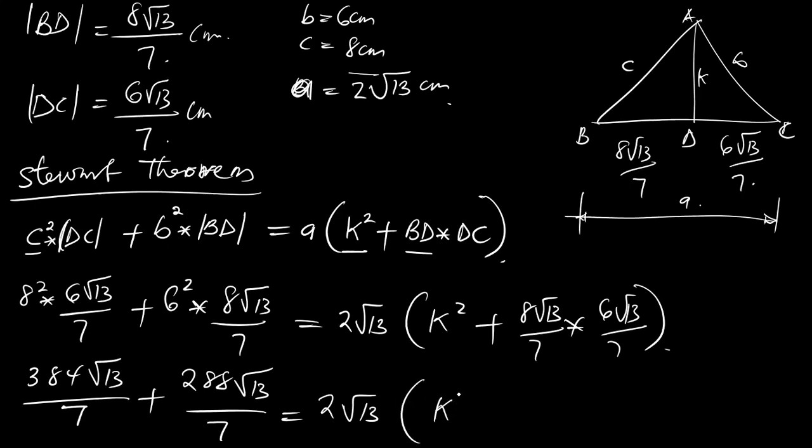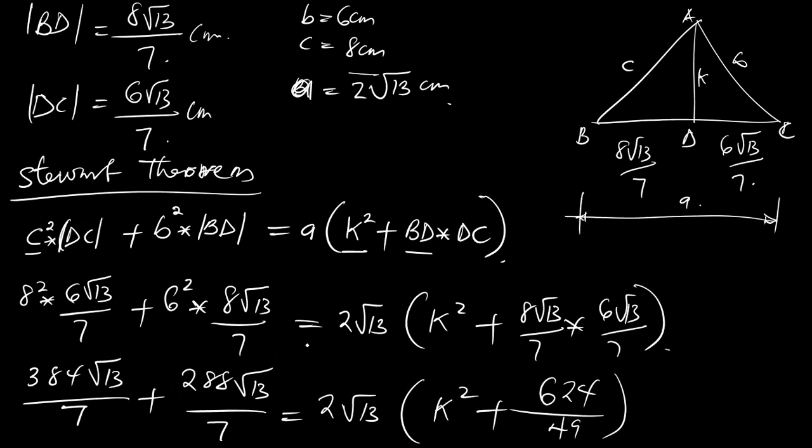Then here in the bracket you have K squared plus 8 times 6 is 48. Root 13 times root 13 will give you 13. So 13 times 48 will give us 624. Then 7 times 7 will give us 49. So that is it. Since the denominators are the same, we'll add the numerators.